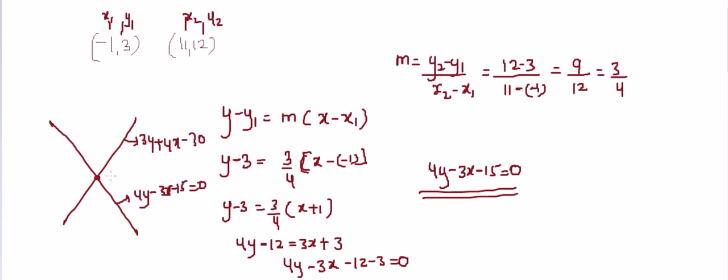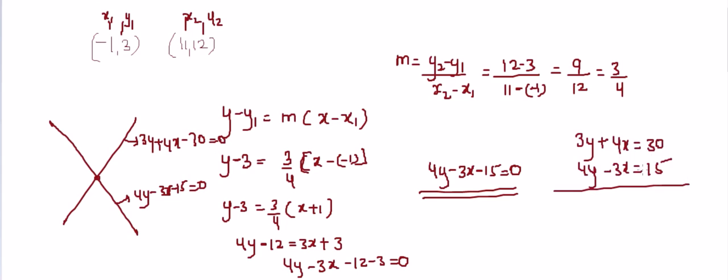So to calculate the intersection point, it's a simultaneous equation that we need to solve. So let me do it with the elimination method. So 3y plus 4x equals 30, and this is 4y minus 3x equals 15.